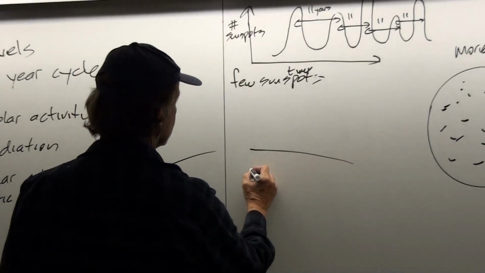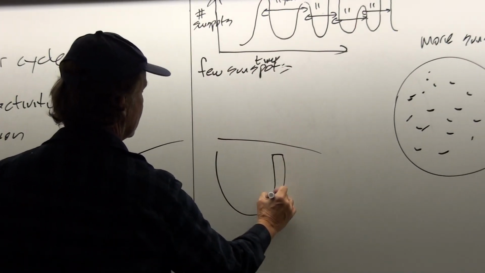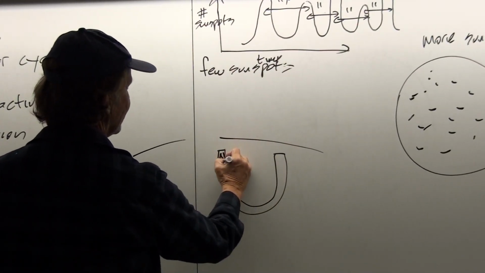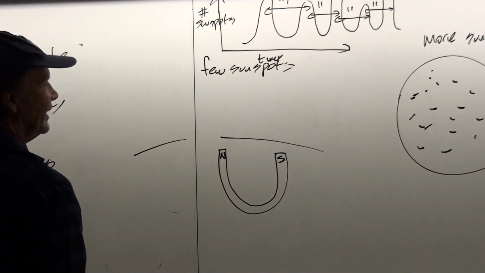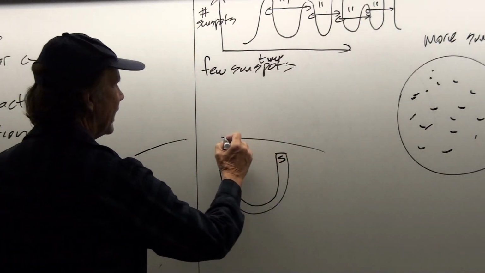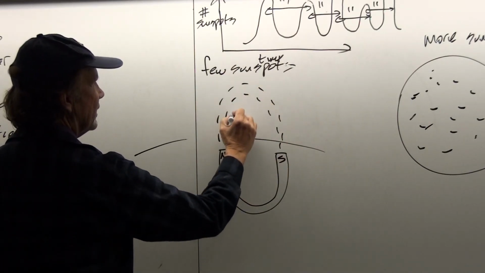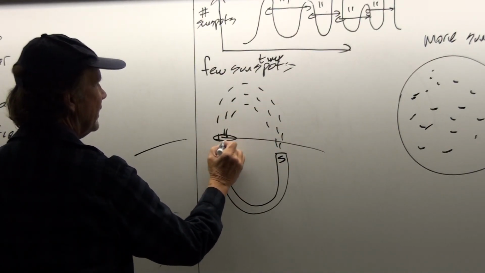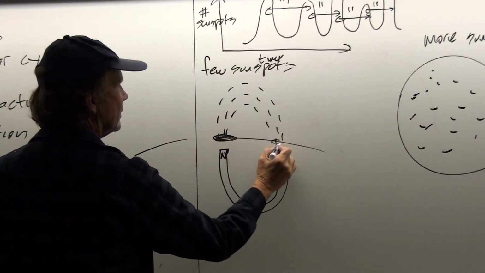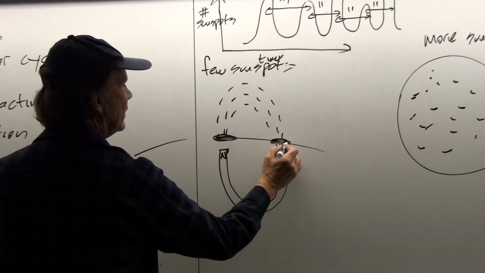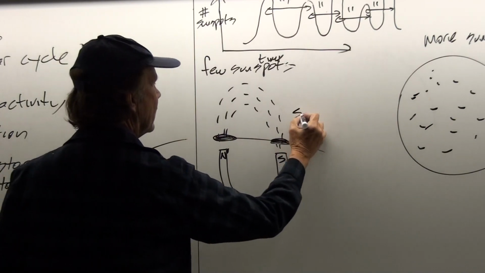If we were to look at the surface of the sun, and this isn't really what's happening, of course, but it's almost as if there was a little horseshoe magnet beneath the surface of the sun. So associated with that magnetic field, you would have a sunspot pair.